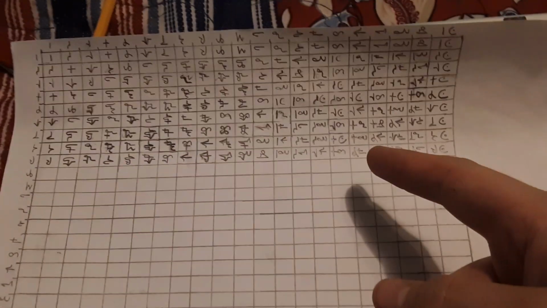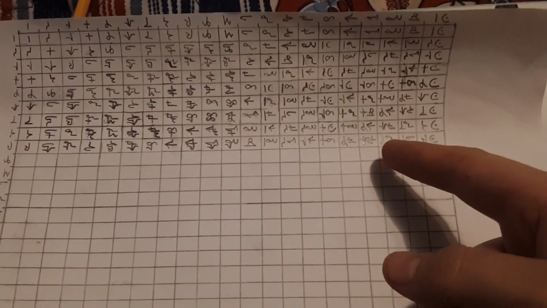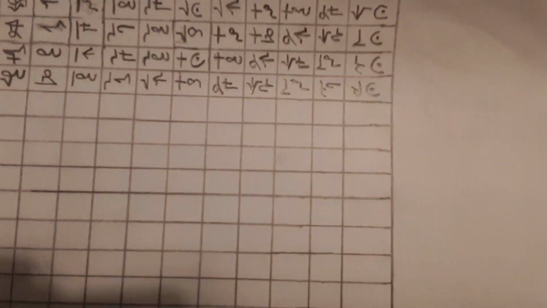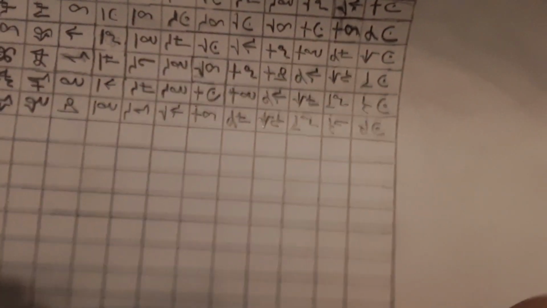9 times 8 is 72. What do we have? We have the 7 symbol in the 120s place, and then we have the 2 groups of 12, which is 24.